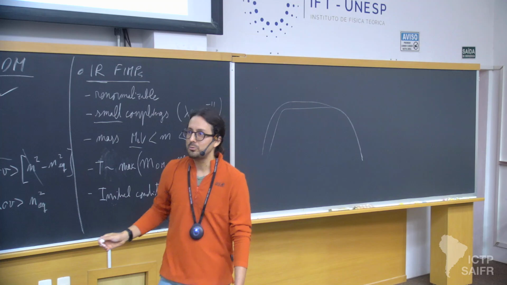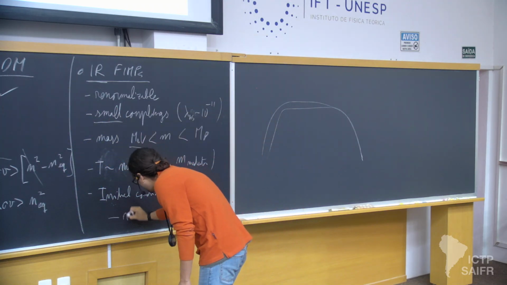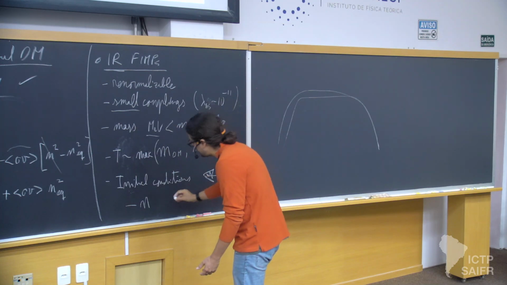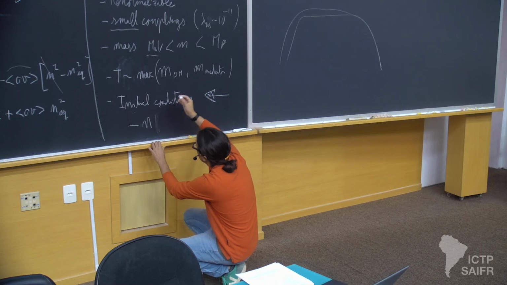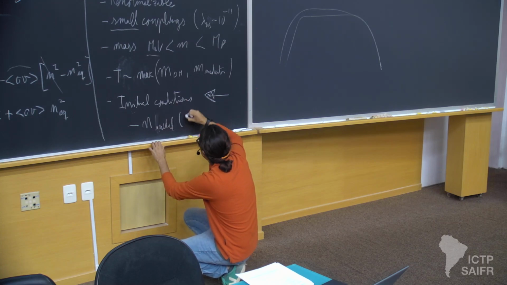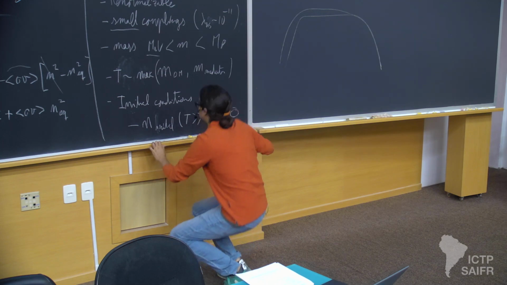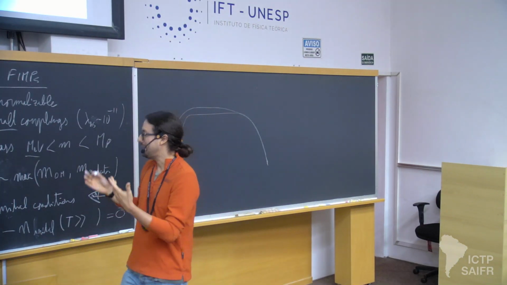Yes, what people will do, and what I'm always doing here, is I say that the N at high temperatures, N initial, I don't know how to define it, when the temperature is very high with respect to something, is 0. Exactly. And this kind of makes sense. That's a first approach.